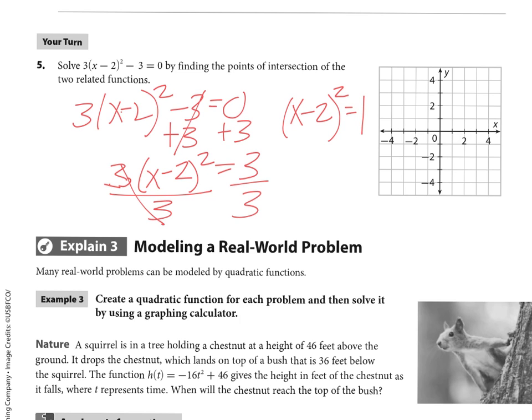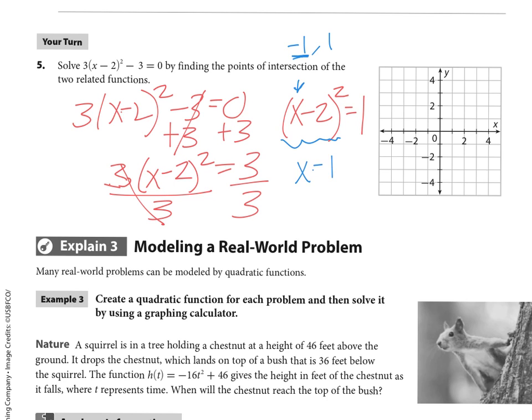Okay, so think about it this way. I need to be able to square a number to get 1. What do I square to get 1? Well, we said earlier you square -1 and 1. But this is not just x. This is x minus 2. So I need to think about what can I plug in for x to end up with -1. Well, I could put in a 1.